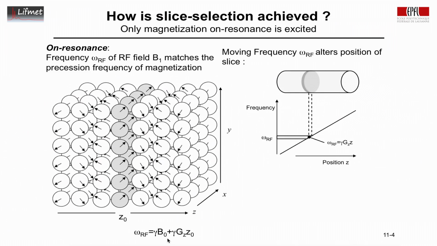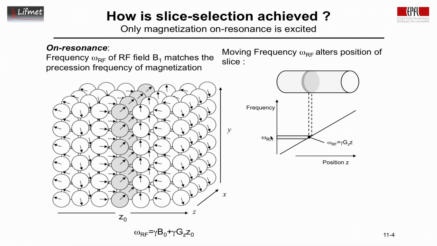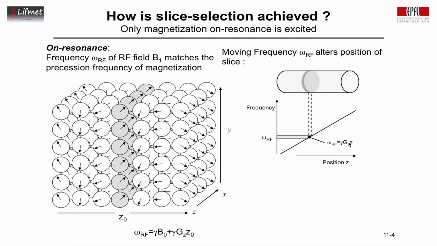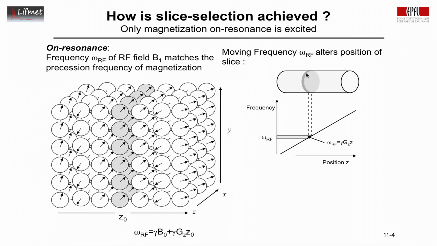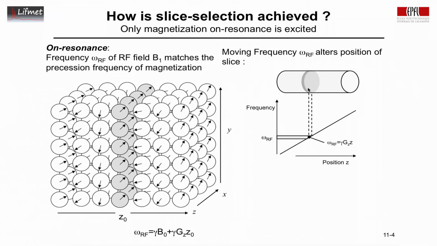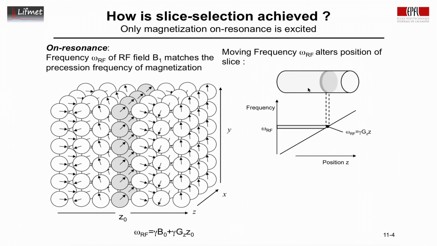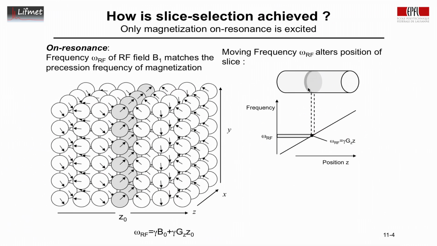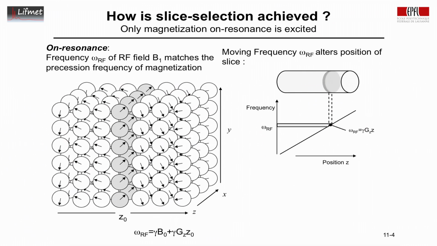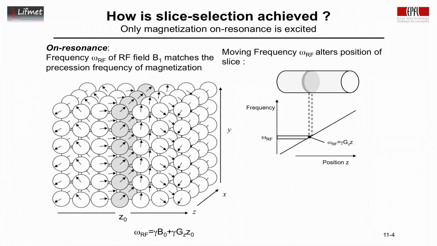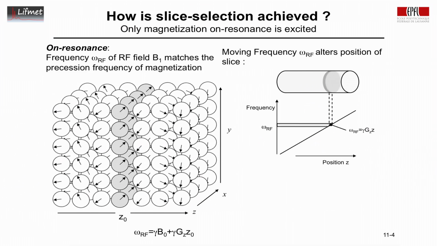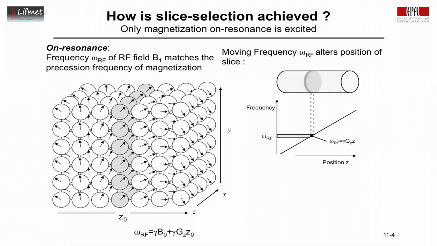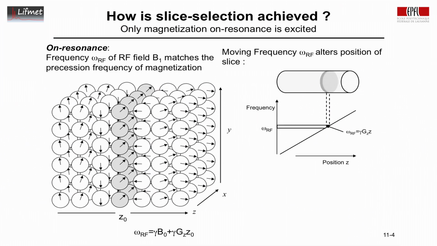Here we are now in the rotating reference frame, so this term does not appear. The omega RF equals gamma Gz times z, and then we select in our object this slice here. Now if we change the frequency of the synthesizer, we will change the position of the slice, and as we see in this animation, it moves up and down with position as we change the frequency.